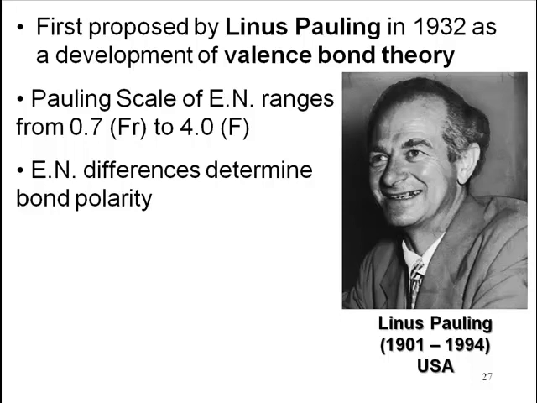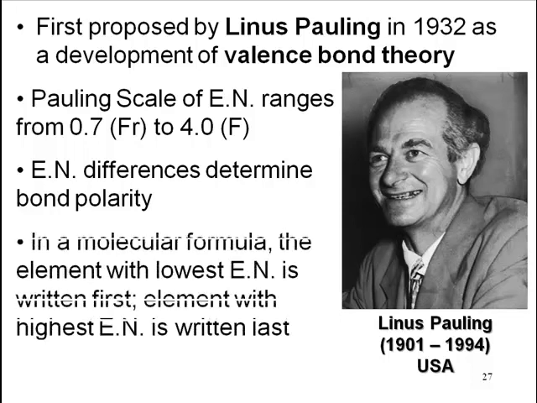Electronegativity determines the bond polarity. So the differences in electronegativity determine the bond polarity. In a molecular formula, the element with the lowest electronegativity is written first. That's why when we write NaCl, what's written first? Na and then Cl. Because Na has a smaller electronegativity than Cl.